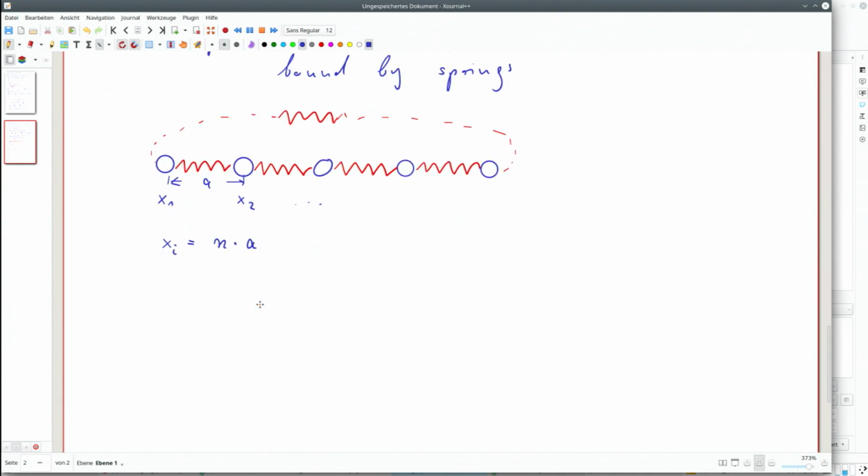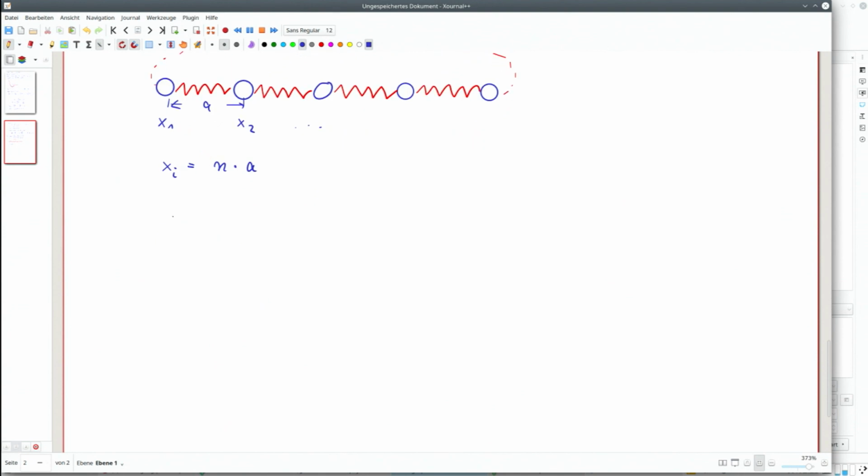And now we can calculate again the force. So we suppose that we displace this atom by a small amount.